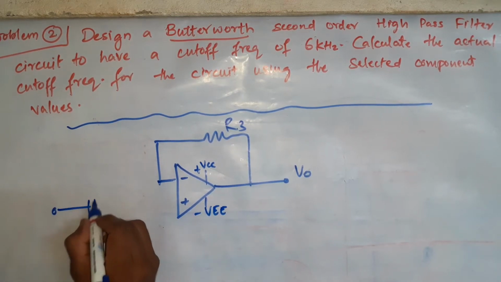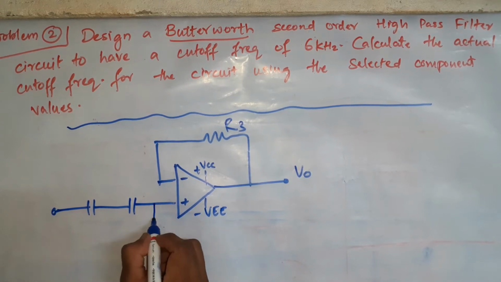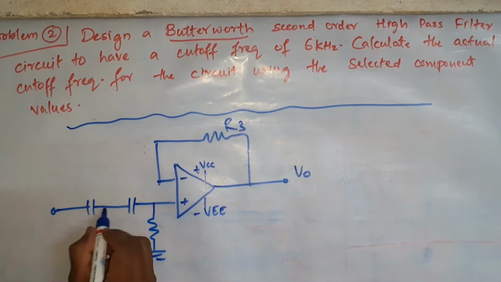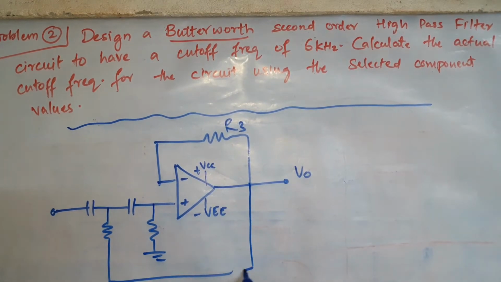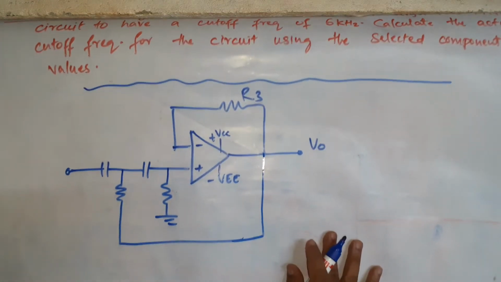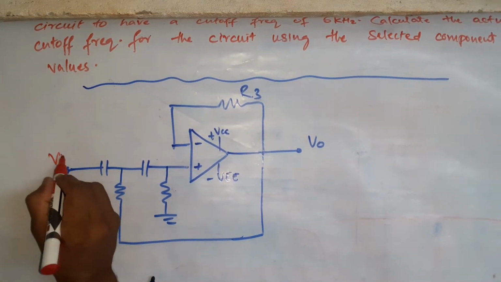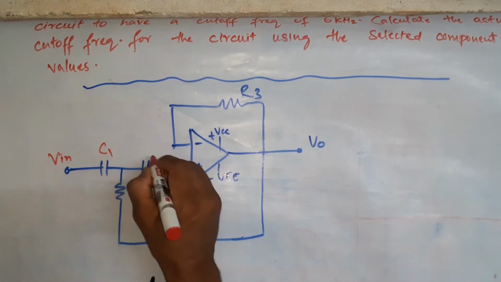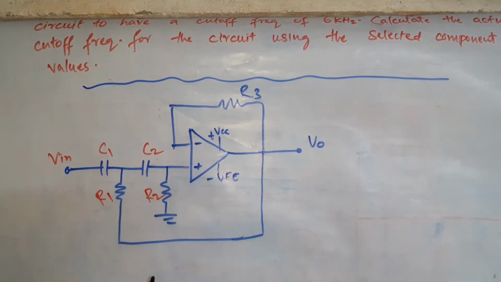So you will be having two capacitors. Hope you remember this. Here you will be having the first resistor grounded, and the other resistor will be taken to the output side. This is your V in, C1, C2, R1, R2.